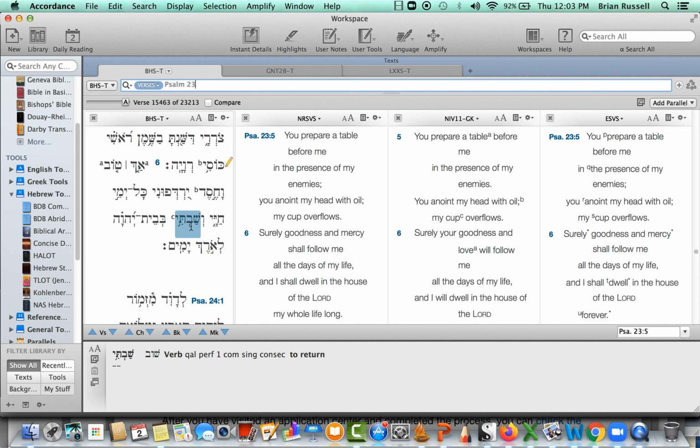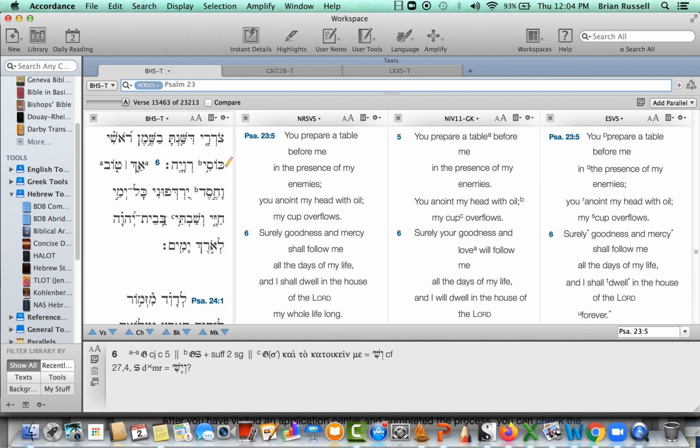And in this case, if you go to 3.5.2, the key thing here is this isn't just a perfect because it has the vav on it, and you can see in the helps at the bottom, it's going to say consecutive on there. 3.5.2 is the perfect plus vav consecutive, and this is a sequential. It's carrying on the force of the clause that happens directly in front of it, and that's why this perfect is translated into the future, because it takes on the same force as the previous verb. If you have questions about that, we can go over that in the class.